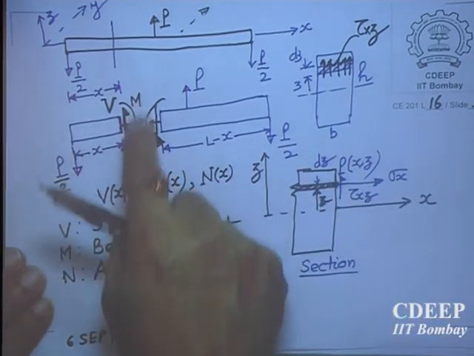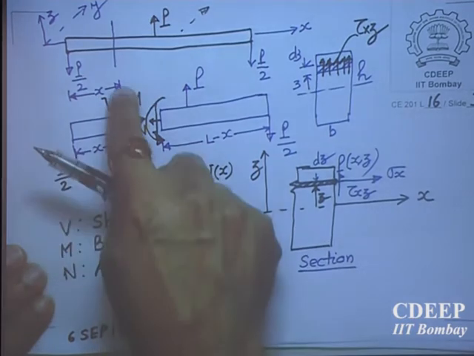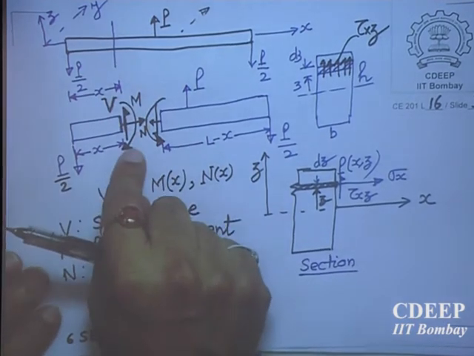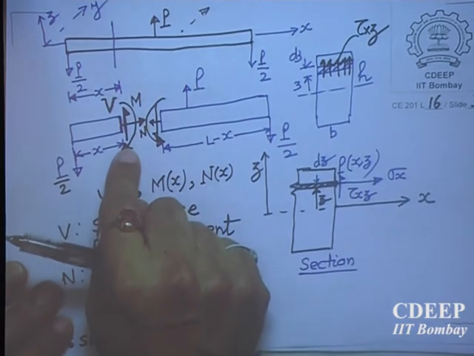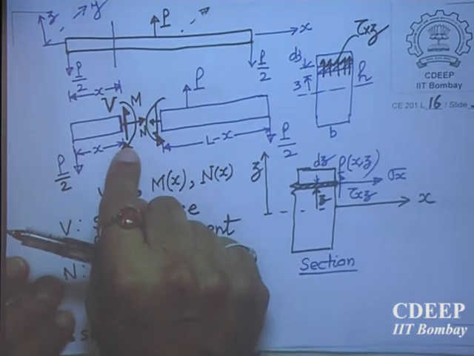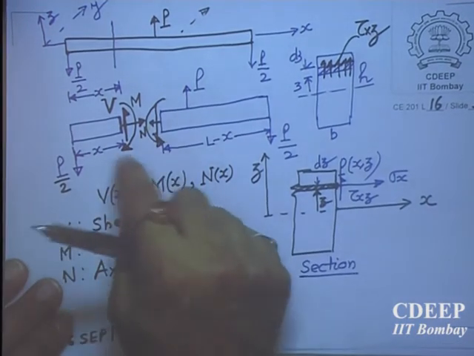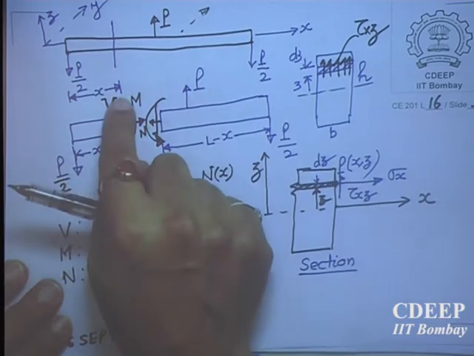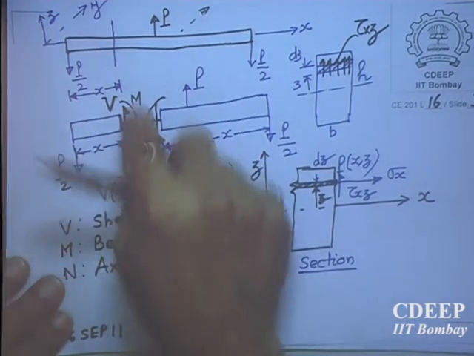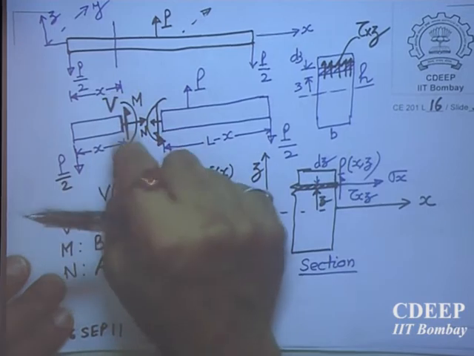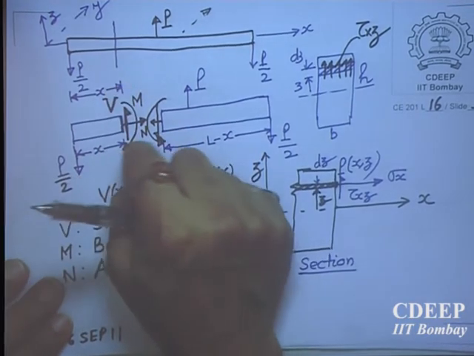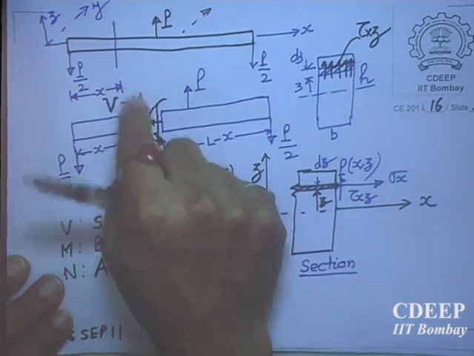So I am defining these. Right in the beginning I told you that I am going to take this notation, which is slightly different from whatever is given in your book. In the book, shear force is vertical, but the moment is just the reverse of this.